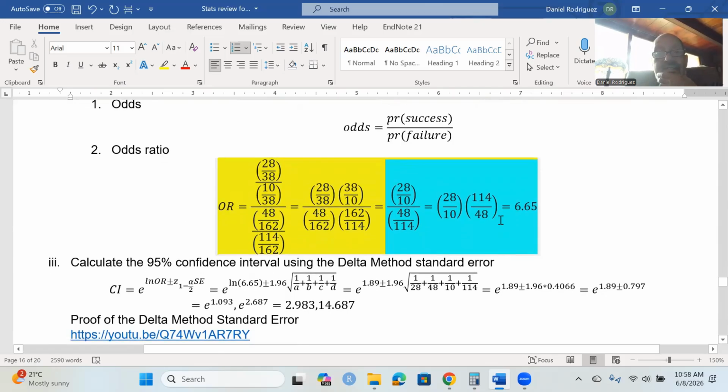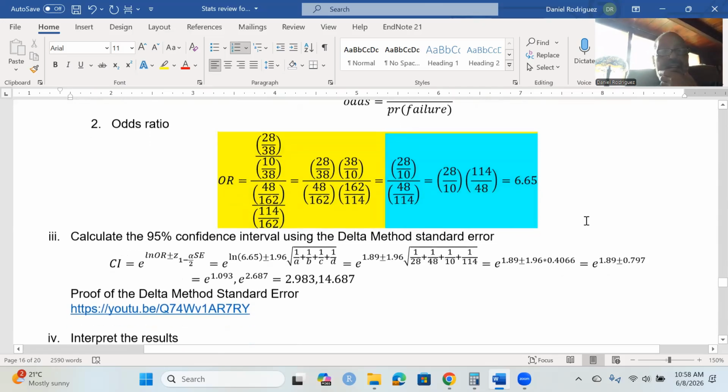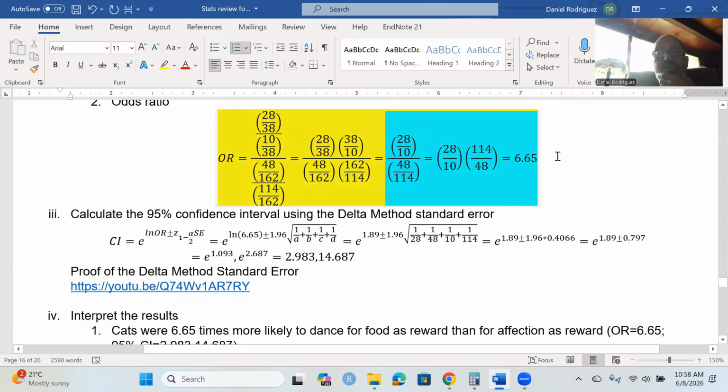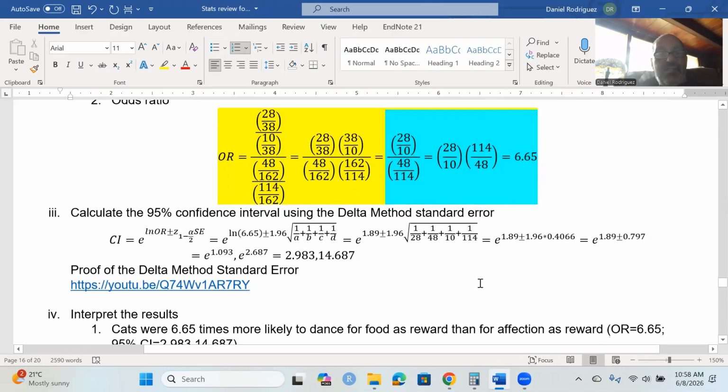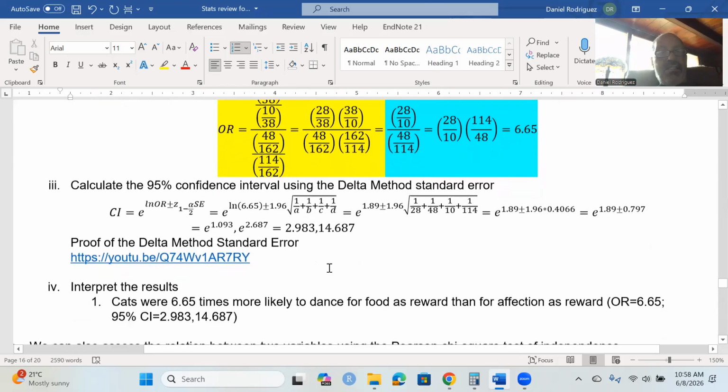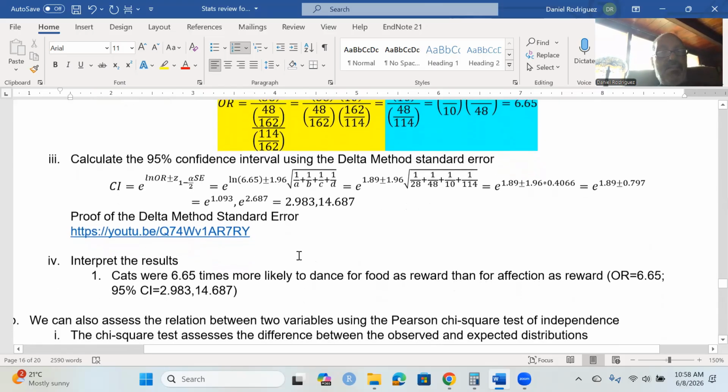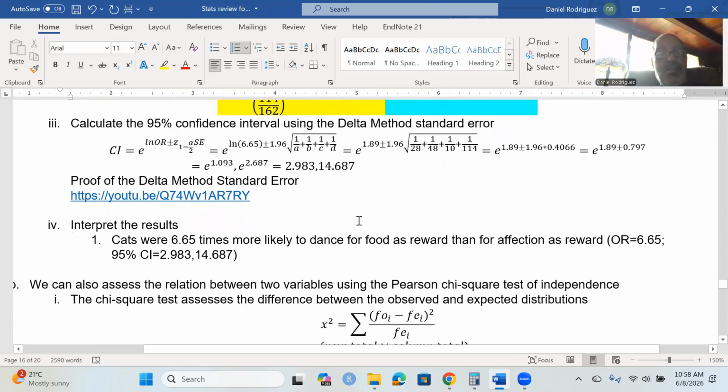In this case, we got the odds ratio being 6.65. And then from this, we want to add a confidence interval as well. This is just using the delta method standard error. It provides us a confidence interval. I don't have to go through what that is, but here it is, okay? And you have a video to show you how this is derived, why it is what it is.